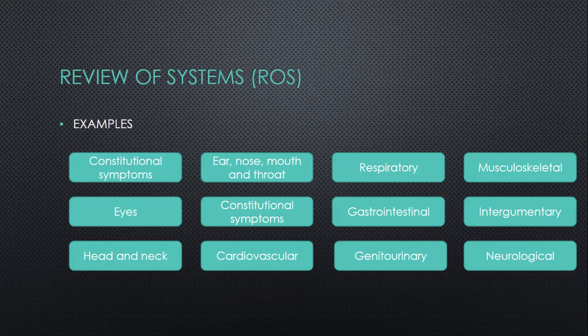When we're talking about cardiovascular, for example, is there chest pain? Are there palpitations? Is there dyspnea? Would be shortness of breath, right? Is there peripheral edema? Does anybody know what paroxysmal nocturnal dyspnea is?